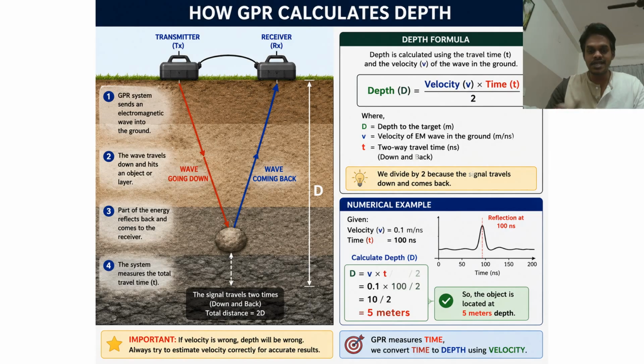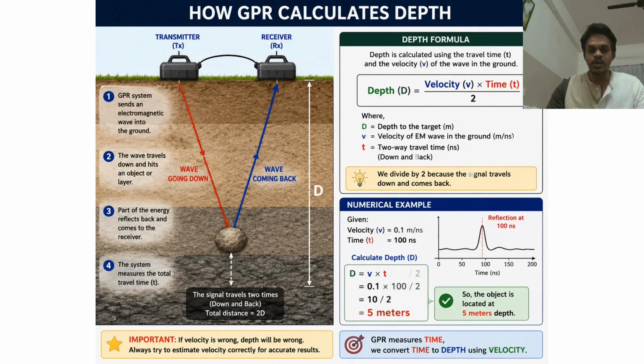So using the depth formula, we can say depth equals 0.1 meter per nanosecond velocity times 100 nanoseconds divided by 2. So this will become 10 by 2, which is 5 meters. So we can say that the object is located 5 meters from the ground surface, inside the ground.